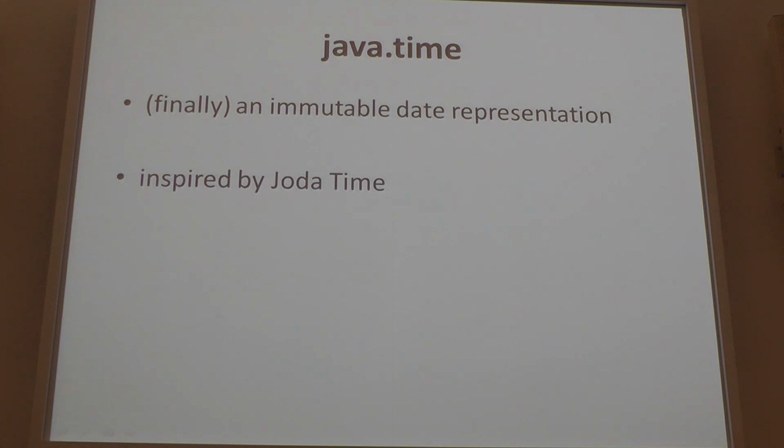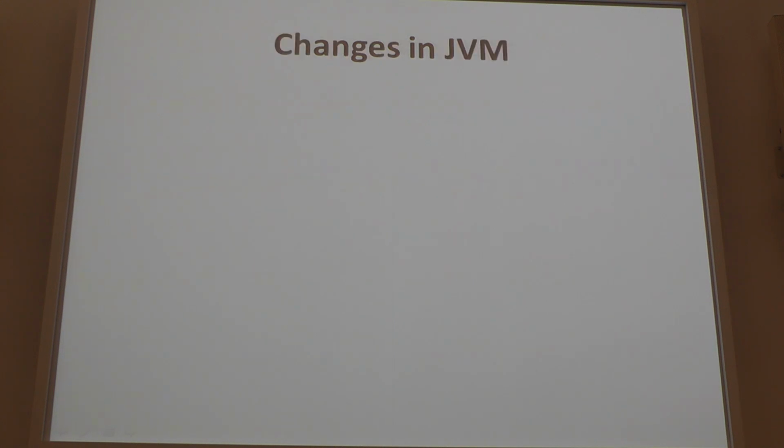Because if you're programming in Scala and everything is immutable and functional, and you have to use Java util date or Java util calendar. Of course, there is the Joda time library, and this API is, I think, heavily inspired by Joda time. But it's nice to have something like that directly in the standard library.